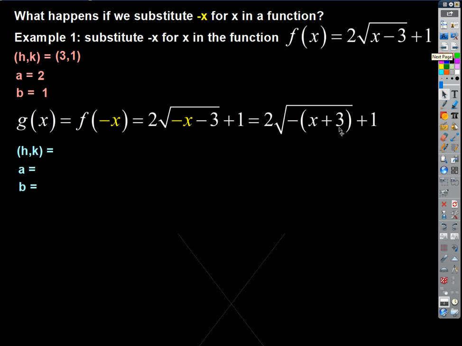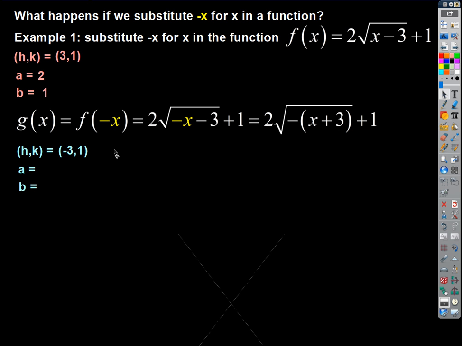So that makes sense then. h is negative. You can kind of sync those two concepts. So we know h is -3 and k is 1.